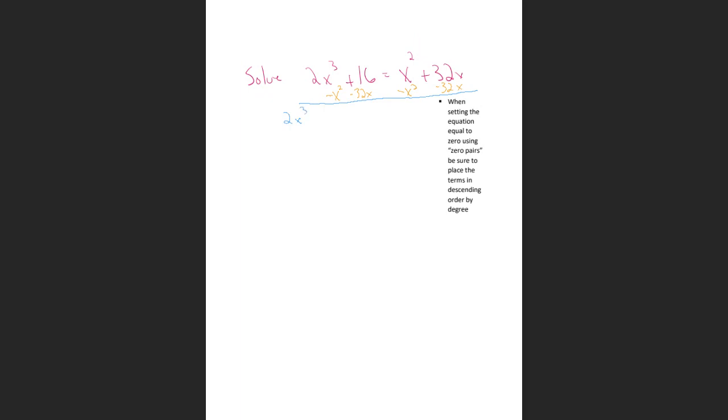So 2x cubed, minus x squared, minus 32x, plus then the 16, and that has to equal now 0, since this zeroed out and this zeroed out. So we're left with 0 on that side.